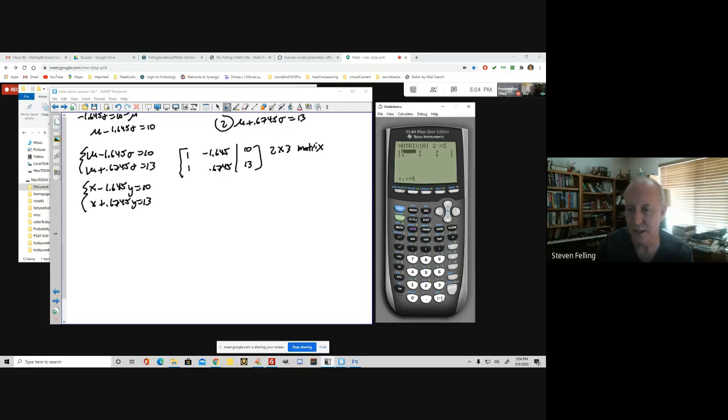Okay, 1, enter, and then negative 1.645. Trying to go too fast here. And then 10. And then 1, and positive 0.6745, and then 13.